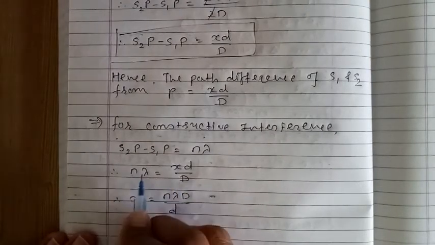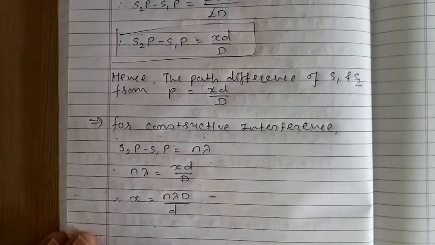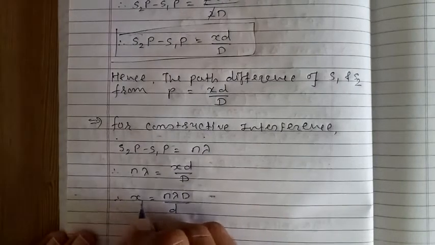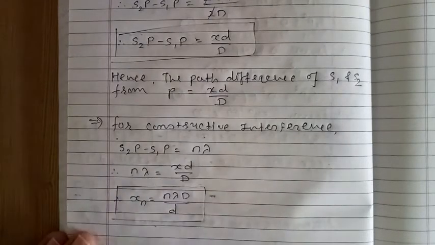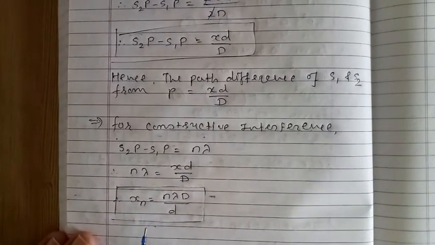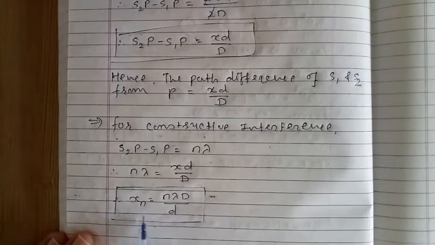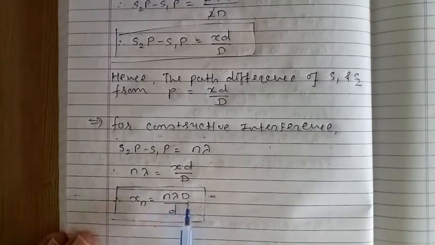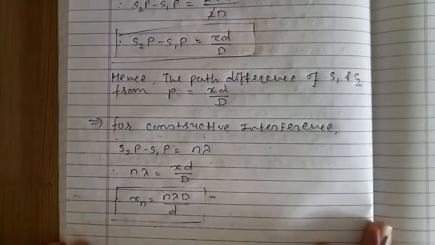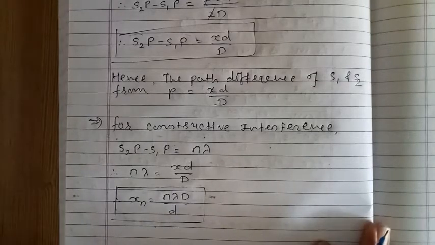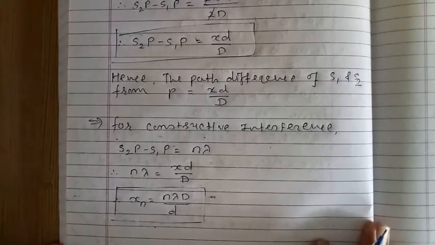For the nth number we use xn. So for constructive interference, xn is equal to n lambda capital D upon small d. This is the condition for constructive interference.